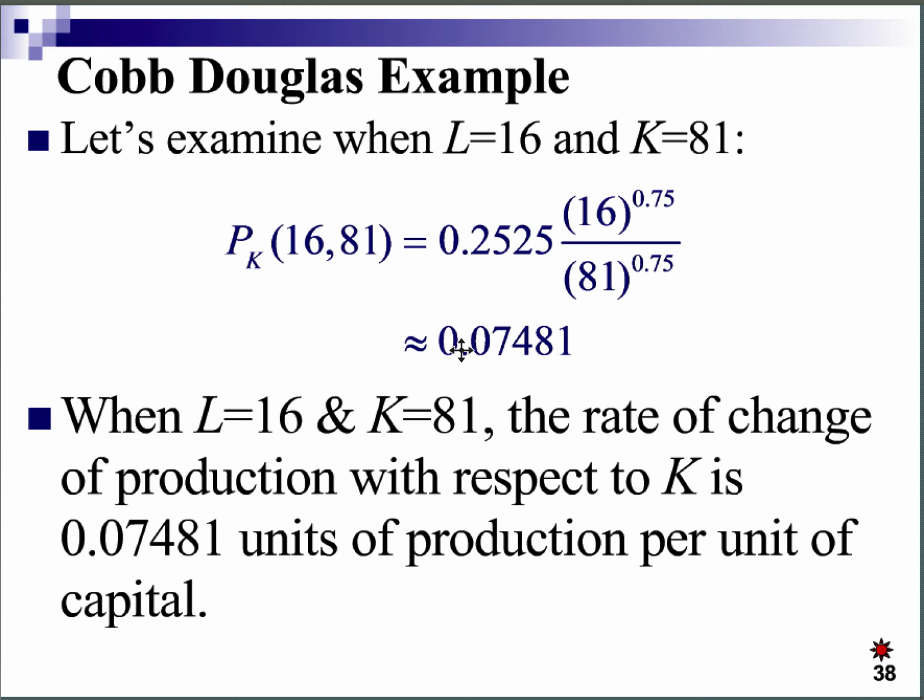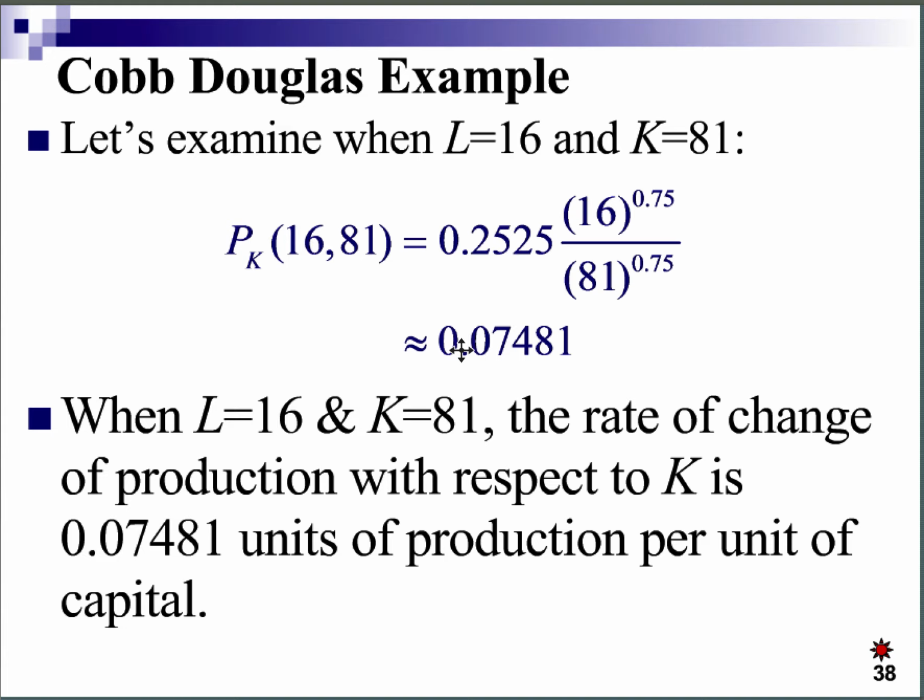In other words, if the labor units are fixed at 16 and we invest one additional unit of capital into the system, so go from 81 to 82, then my production will rise by about 0.07481 units, however production is measured.